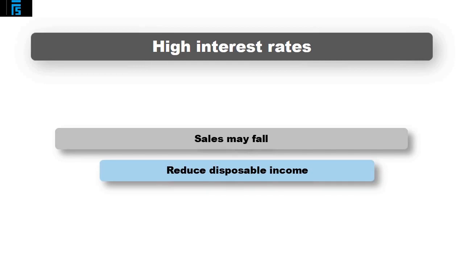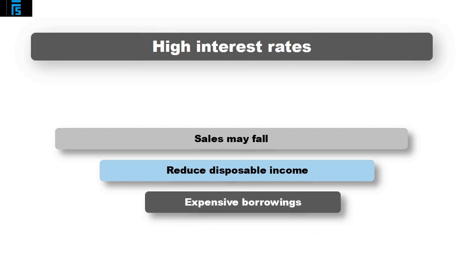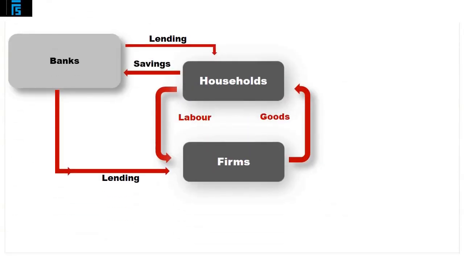For example, the cost of existing loans may take up a bigger proportion of their income as interest rates rise. And this will make it harder for consumers to afford large items for which loans may be required. The company's own borrowing will be more expensive, which may make the investment in infrastructure more expensive.